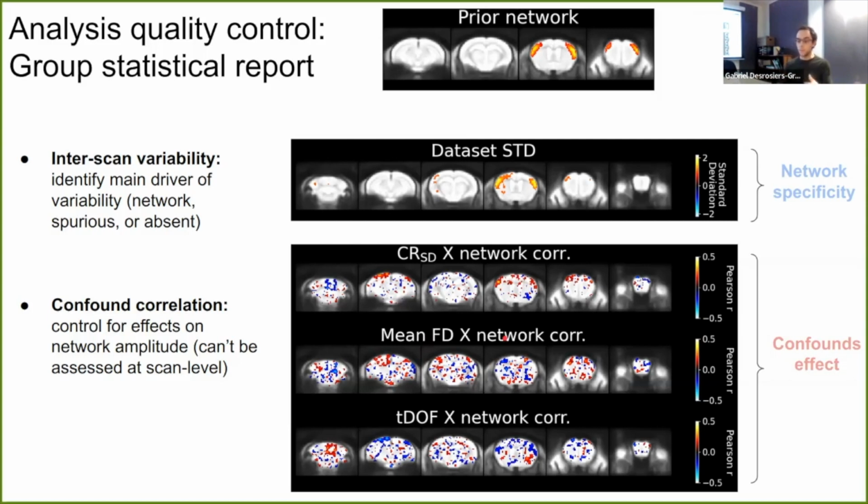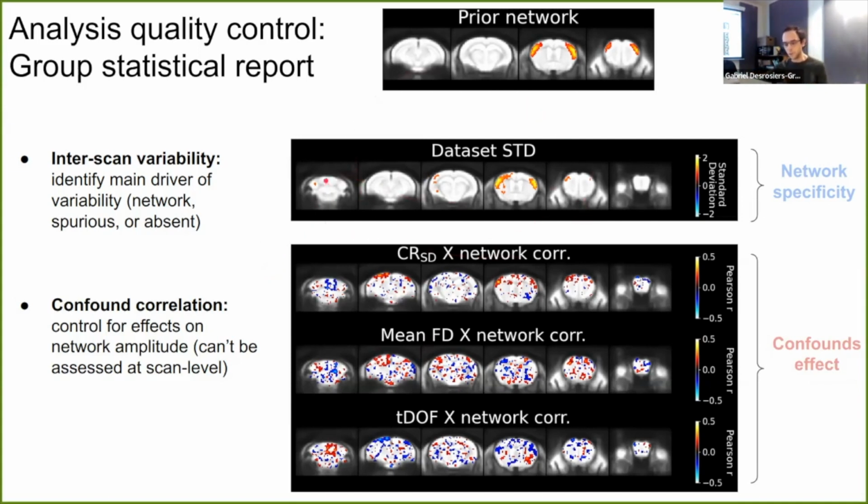That's an important complement to the first measure, because in some instances confounds can impact the network amplitude but not necessarily the shape of your networks. So you can have instances where you see a correlation between the amplitude of connectivity and confounds without necessarily being able to detect it very well with this first measure.